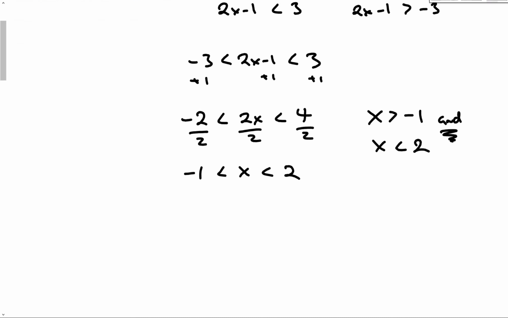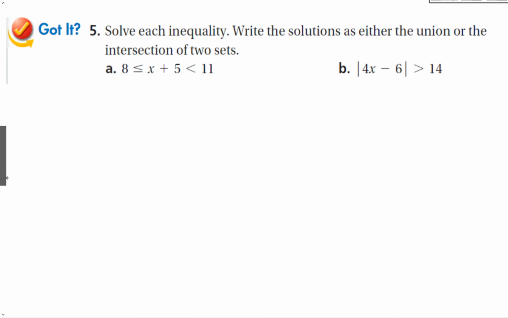So we can say that we have my two sets, x such that x is greater than negative 1, and my other set, x such that x is less than 2, and I want to find where these two sets intersect. Okay? Intersection, and union would be or. Okay, so let's look at a couple guided problems that do both of these.